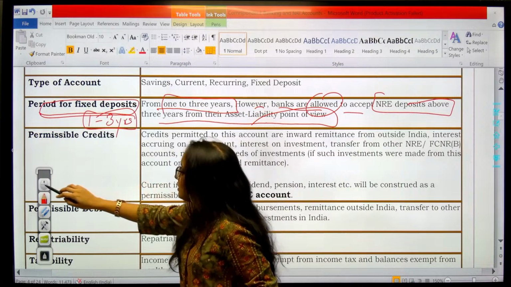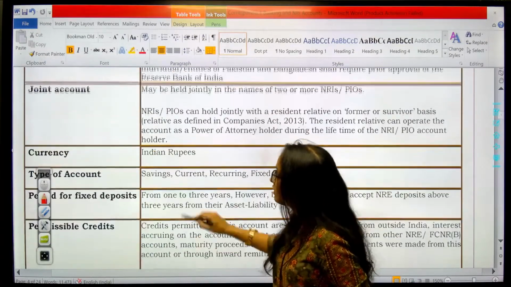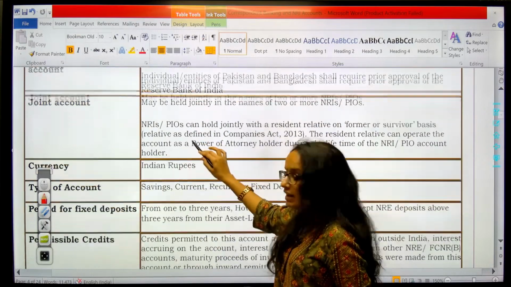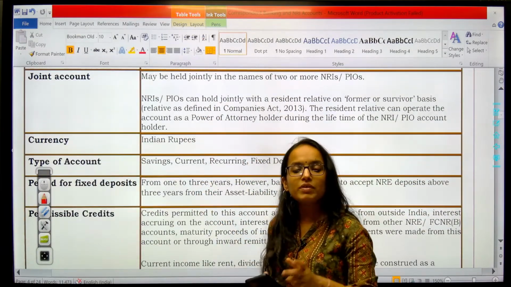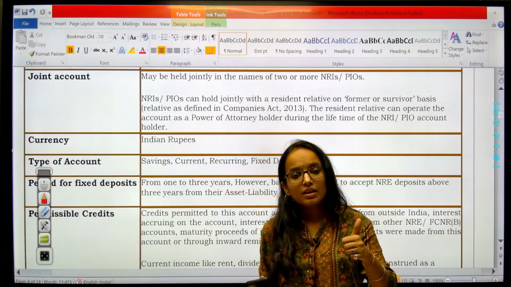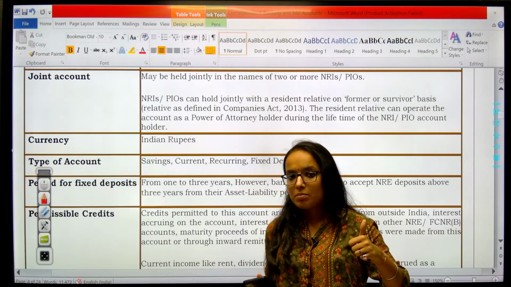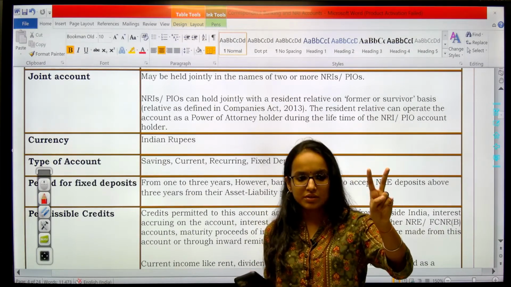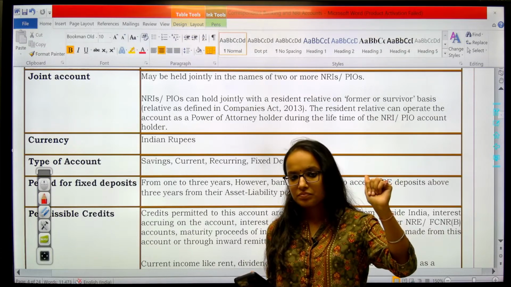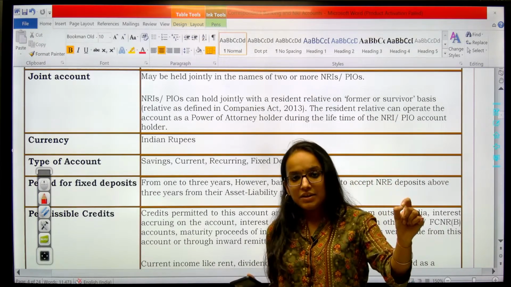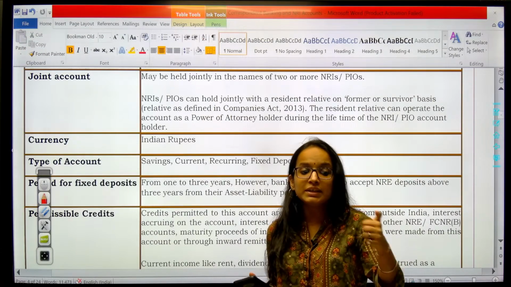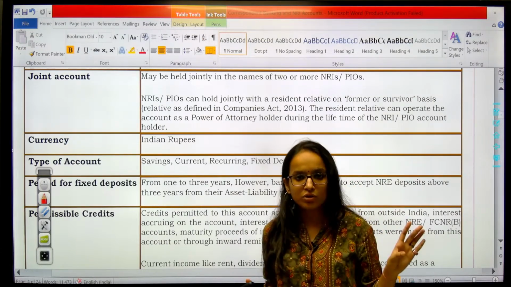So we have seen so far that it can be opened by NRI and PIO. Okay, it can be a joint account. In joint account, we have seen that a joint account can be opened with a relative who is a resident of India. But there are two conditions here. First condition, if the relative wants to operate as a joint account holder, that can be done only after the demise of the NRI or the PIO.